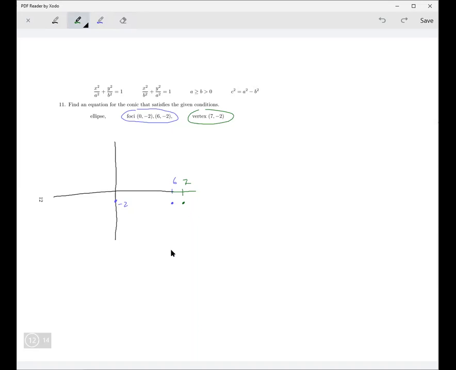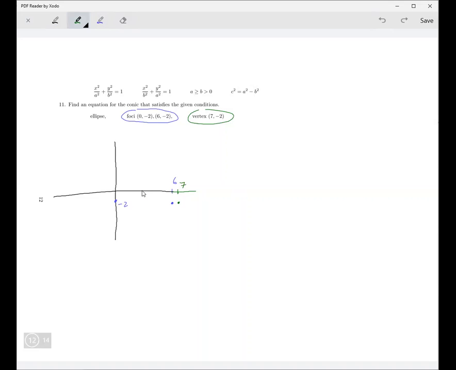That's probably not very well drawn, because that's just negative 2 right there. Get that closer. Okay, so that's more like 7 right there.